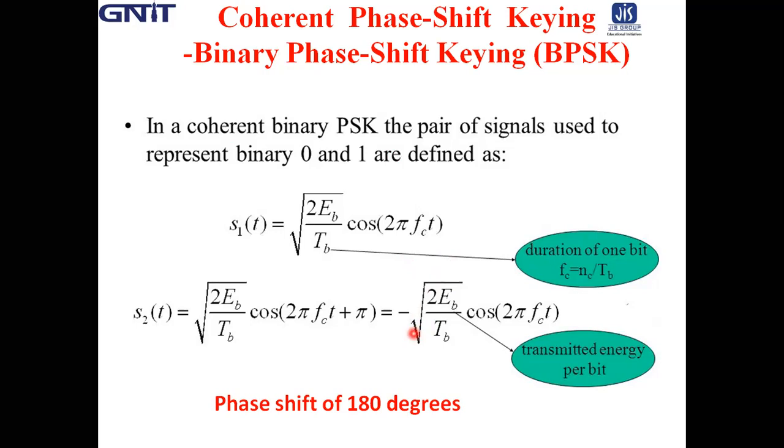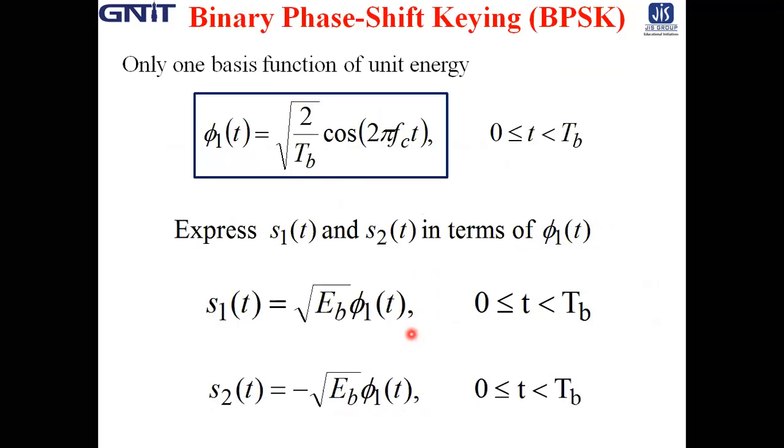From this pair of equations, it is clear that only one basis function of unit energy is sufficient, and this is represented as phi 1(t) equal to square root of 2 by TB cos 2 pi FCT, where t belongs to 0 to TB.